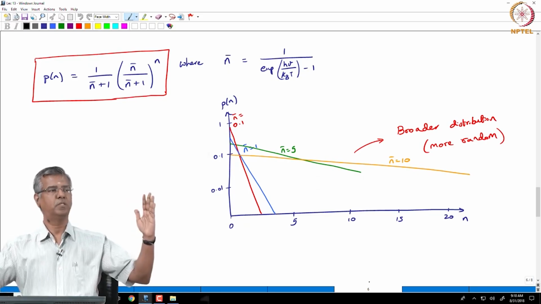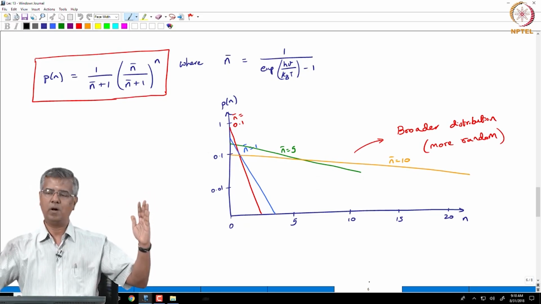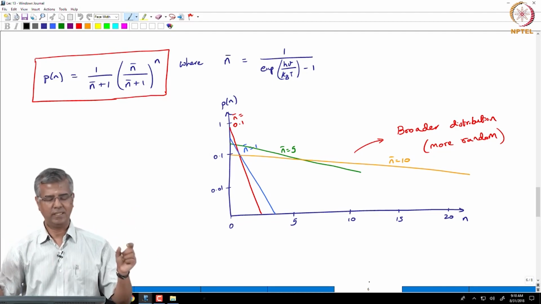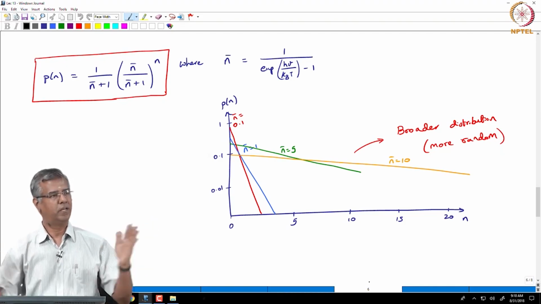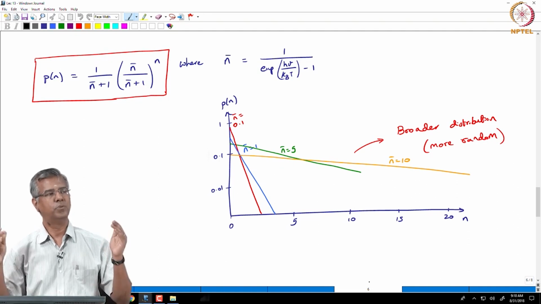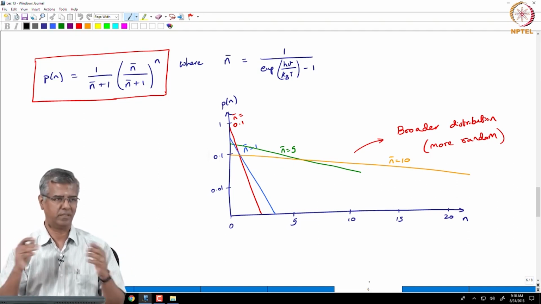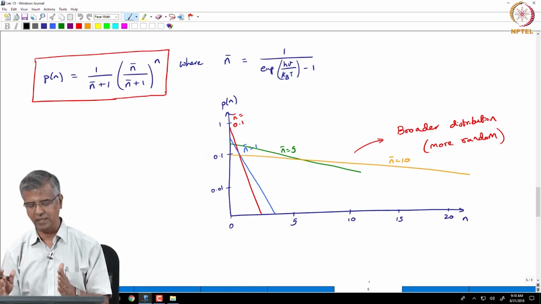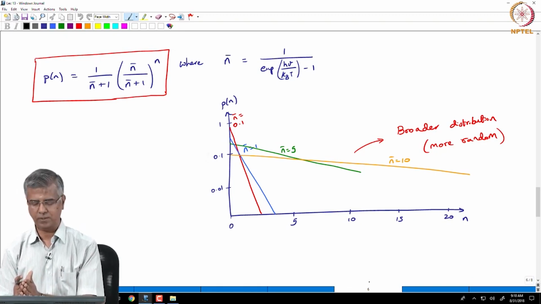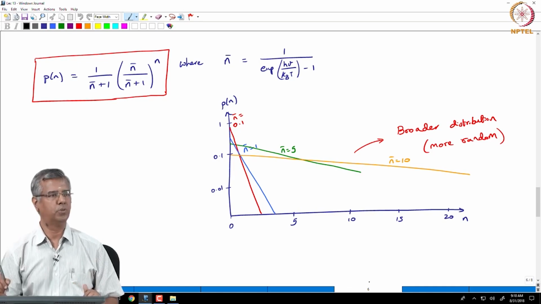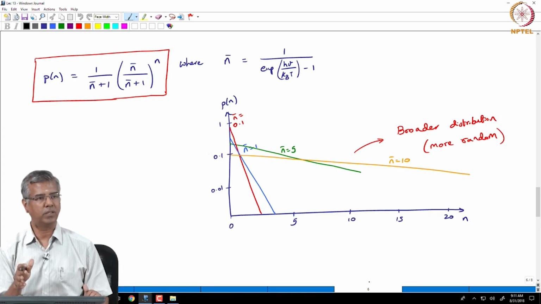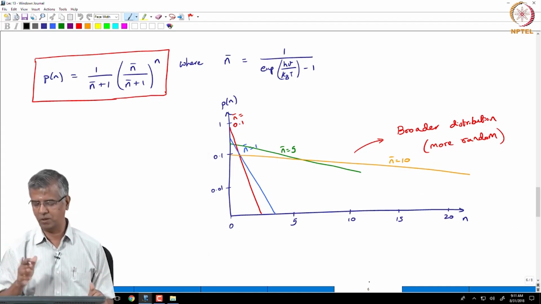Now if you average over this much time, you have already seen all these different time slots having these different photon numbers, but when you average them together, you basically get a mean number. So essentially if you do time averaging, this entire thing is going to collapse to something closer to n bar equal to 10. Okay. So that is what this probability distribution means.